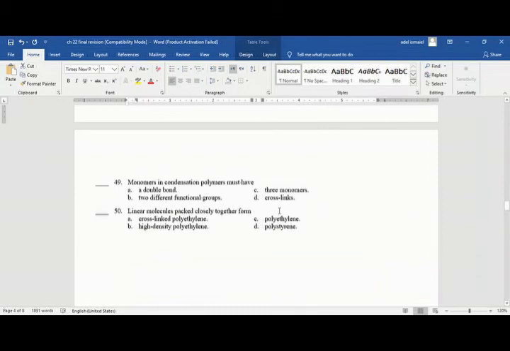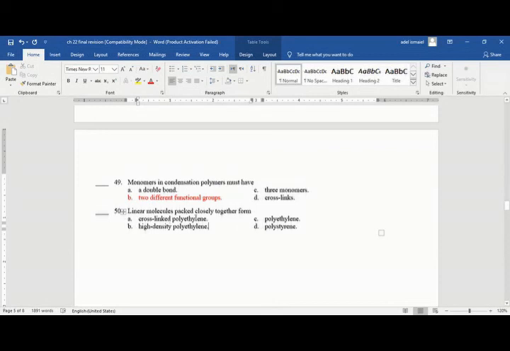The last two questions: must a condensation polymer's monomers have a double bond? No, this is the addition polymer. Three monomers? No, maybe more than this. Two different functional groups? Yes, the condensation polymer, like amine and carboxylic acids, to form nylon 66, if you remember the example.